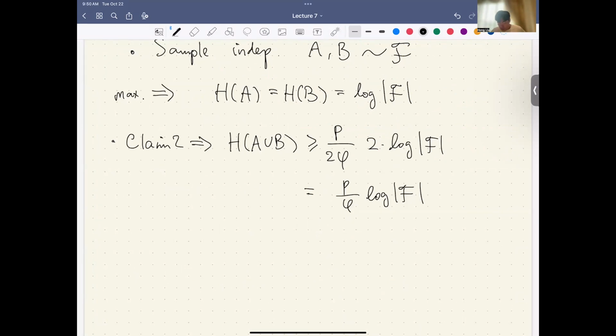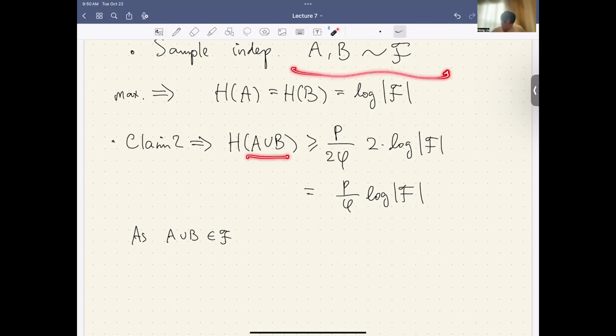Good. But notice, our family is union closed. So A, B from F means A union B is in F by union closedness.